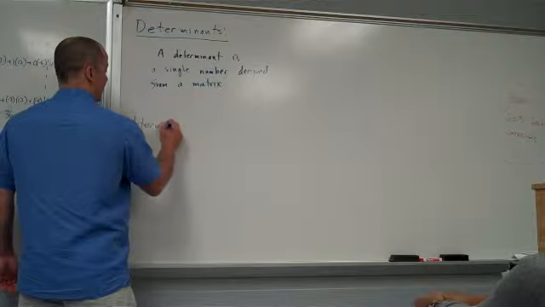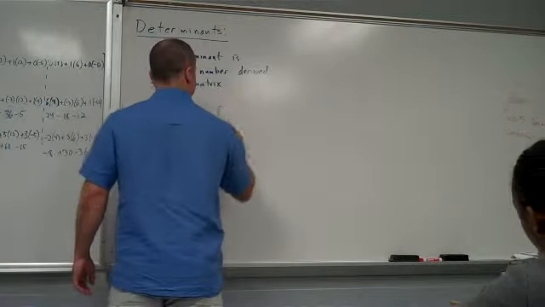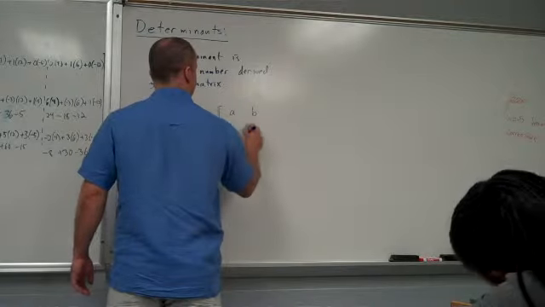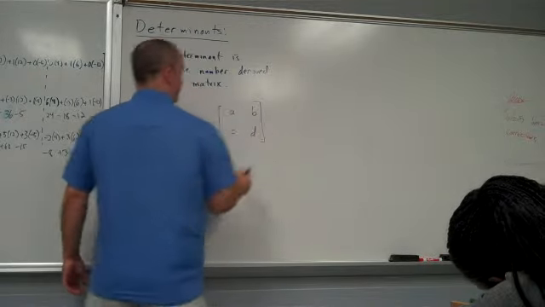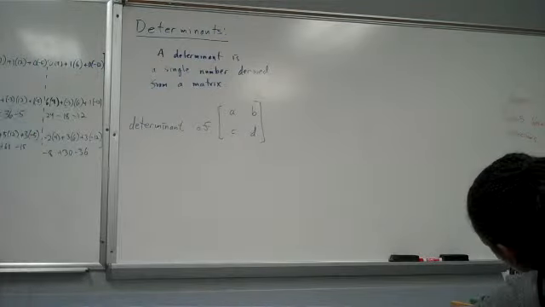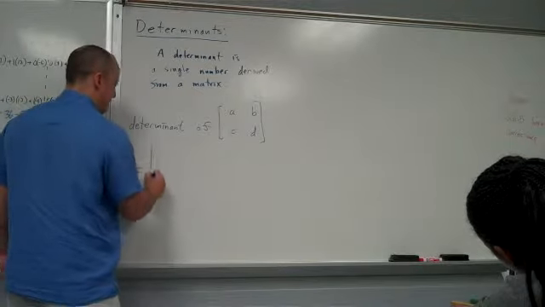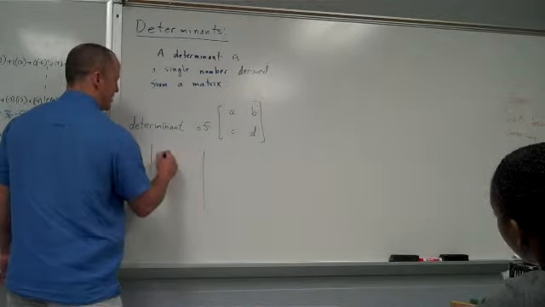Now, the determinant of a matrix, let's say a 2 by 2 matrix, A, B, C, D, gets its own symbol. And unfortunately, math repeats certain symbols, and that can get confusing. The symbol for a determinant greatly resembles an absolute value sign.